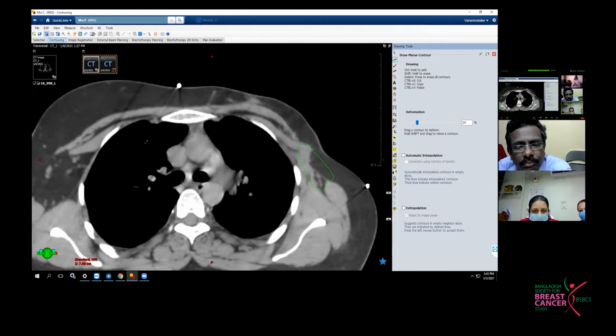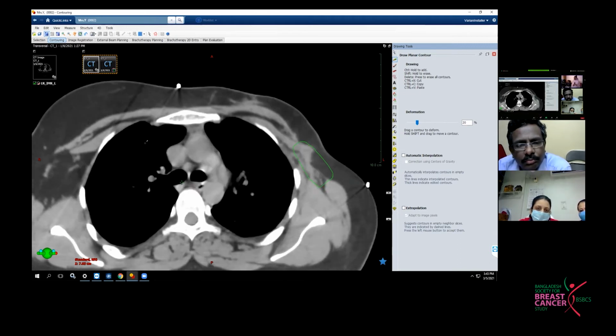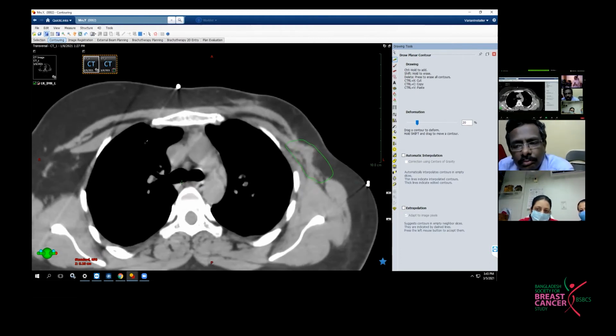Definitely for T4 lesions, you should treat the skin adequately. But for T2, T3 tumors, if you are not using bolus, the skin would still get at least 80 to 85% of the dose.